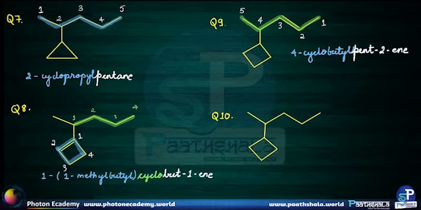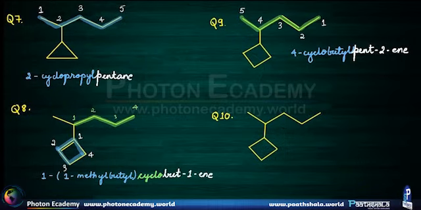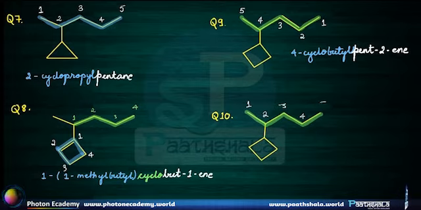If you observe carefully, question number 8, question number 9 and question number 10 are much similar to each other. So, now in question number 10, the correct main chain will be this because the number of carbon atoms is more in the open chain than in the cyclic chain. Let's number our chain. 1, 2, 3, 4, 5.